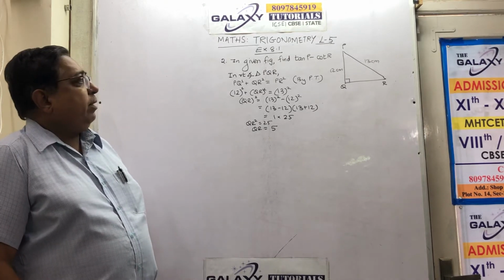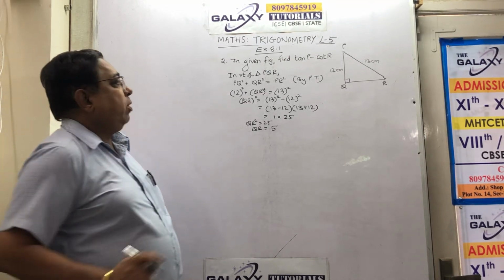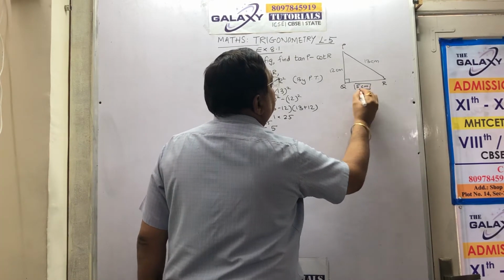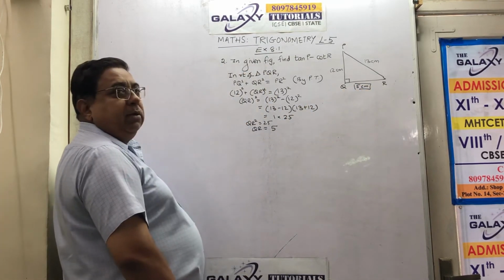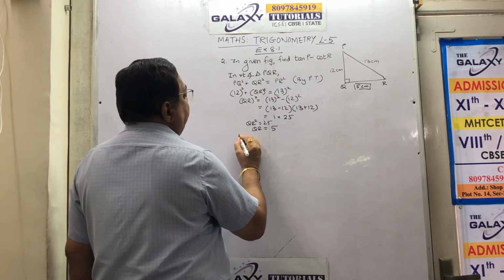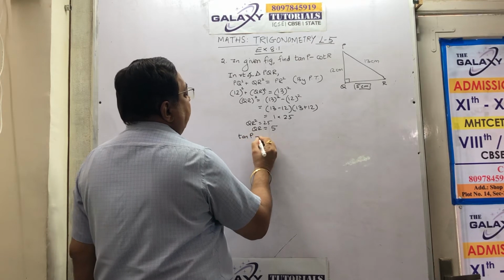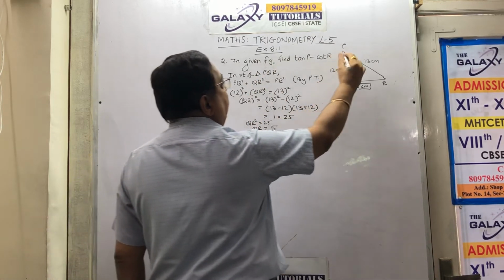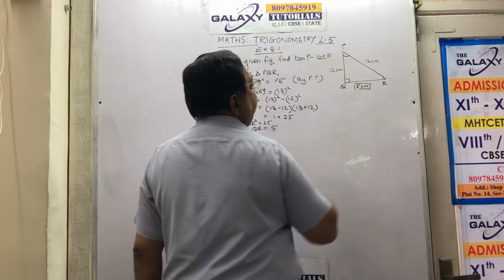So this is how I find QR. Okay, so I have 12, now I have this also. I have found it out. I will write it like this, it was not given to me. Now we will start. Tan P. So I am to find tan P first. First find the ratios. Tan of P. So this is my angle of interest.